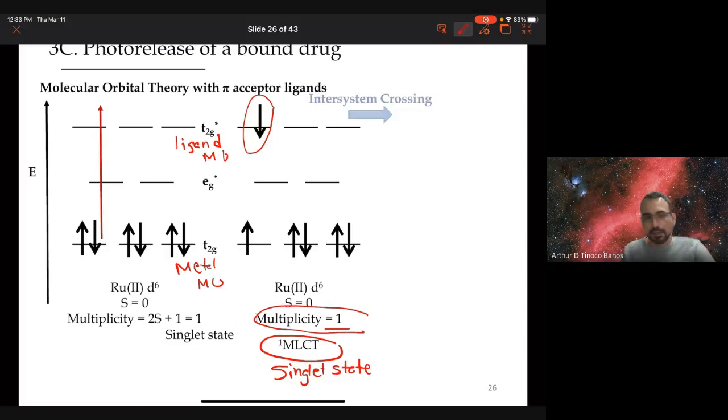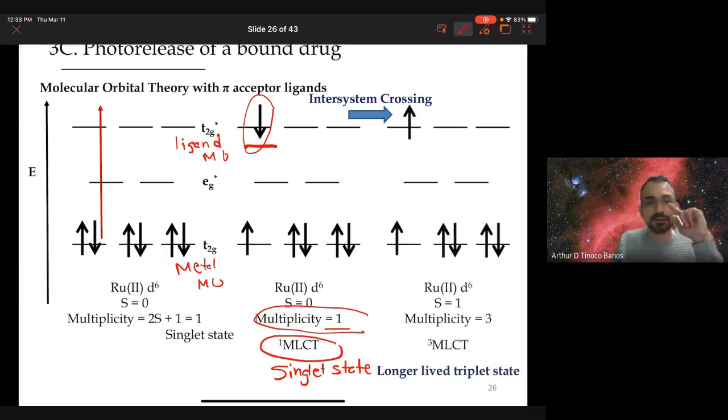Okay. But then you can have what is known as an intersystem crossing. And that is going to be an energy that's going to flip this electron that's at the higher energy electronic orbital, so that now it is paired up. And so as a consequence, now you have two unpaired electrons that are pointing in the same direction. And so this would be now a change in your spin.